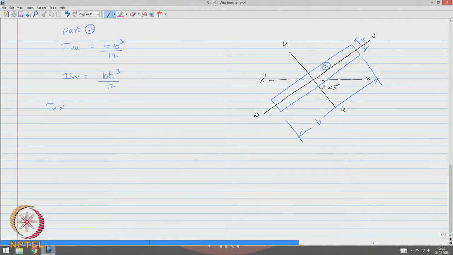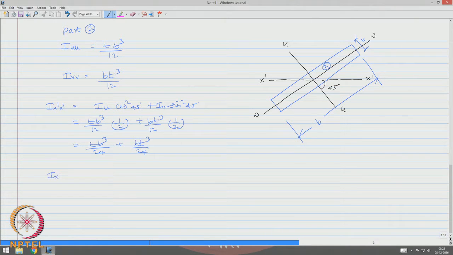I x dash will be I u cos square 45 plus I v sin square 45, which will be T cube by 12 into 1 by 2 plus B T cube by 12 into 1 by 2, which gives me T B cube by 24 plus B T cube by 24.